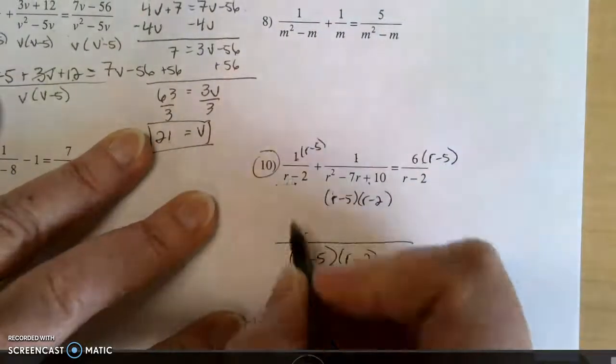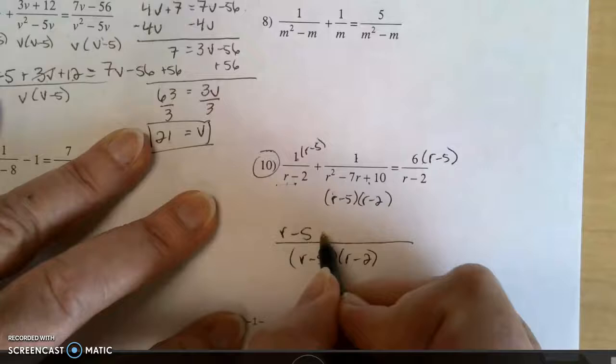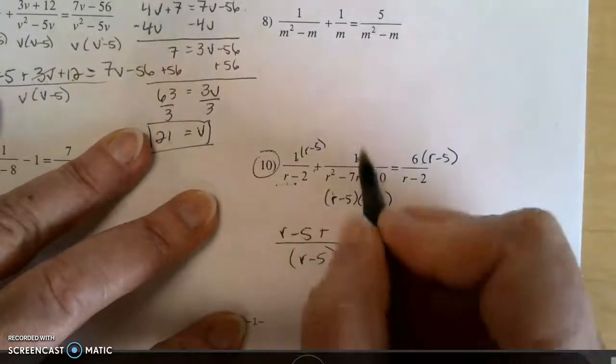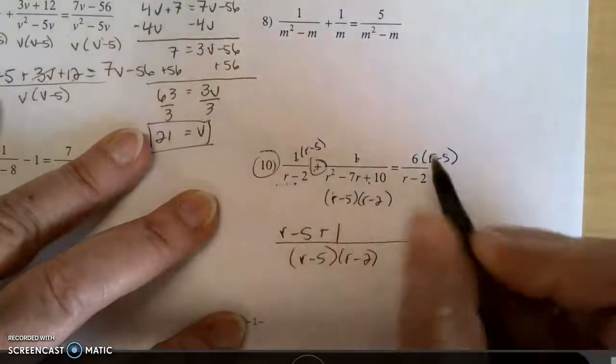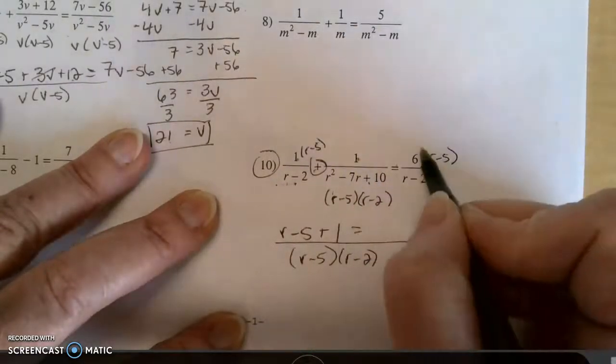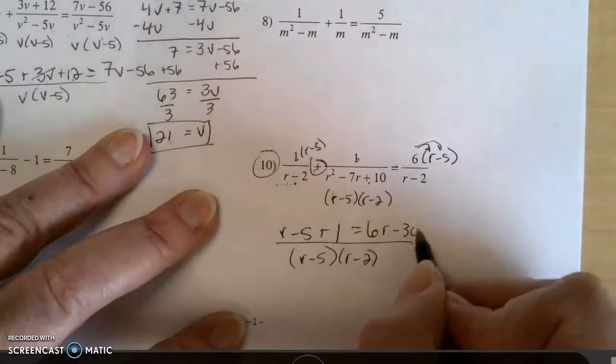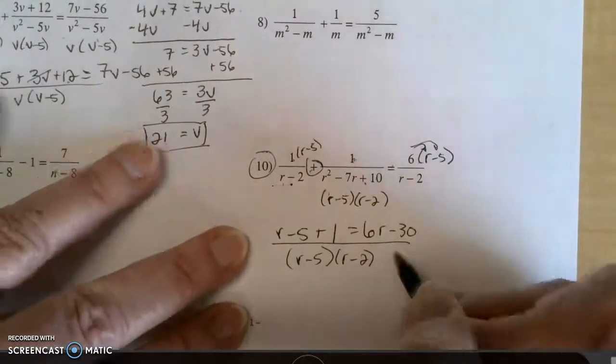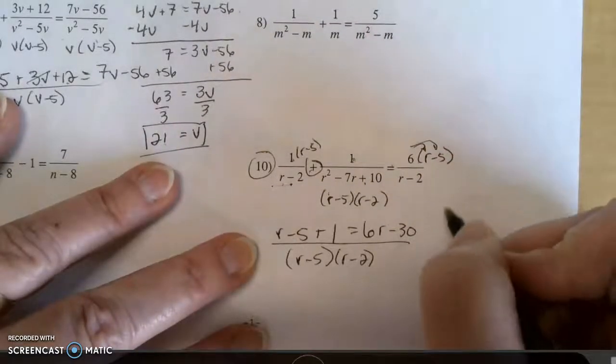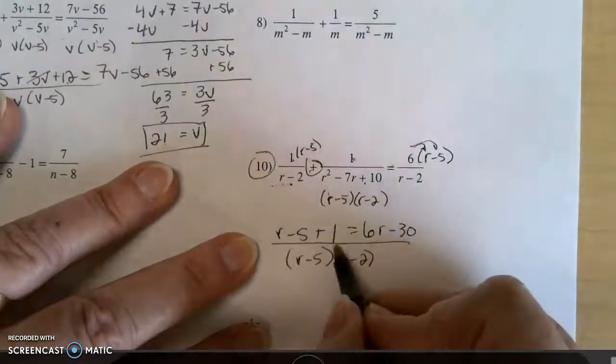So distributing my 1, I've got r minus 5 plus my 1 here equals, I'm going to distribute 6r minus 30. Now I just need to solve my numerator. So I'm going to put like terms together.